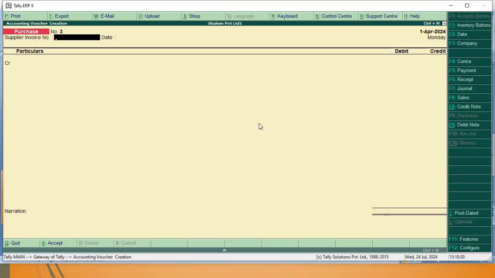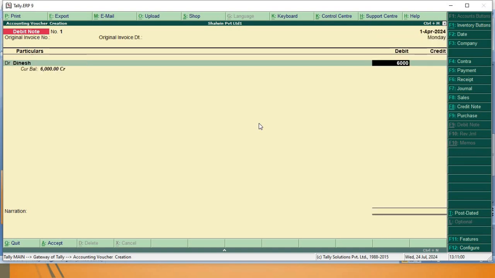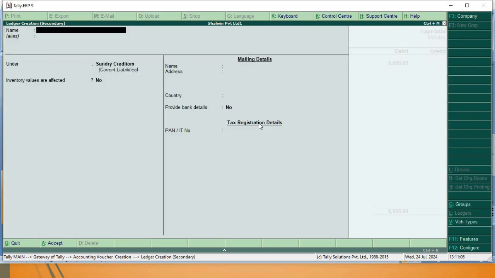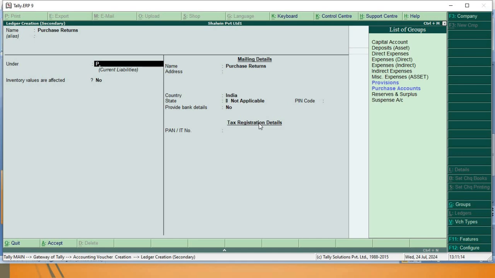So for debit note, Control F9 is the shortcut key. And on the debit side, we have Dinesh, 6,000. And on the credit side, we have purchase returns. Purchase returns comes under purchase account.